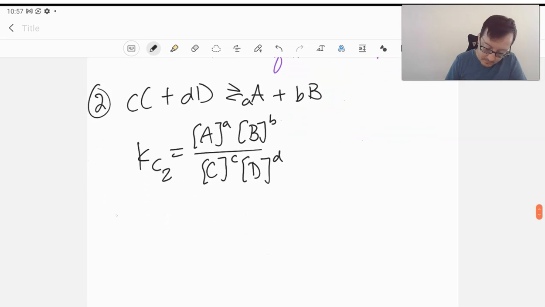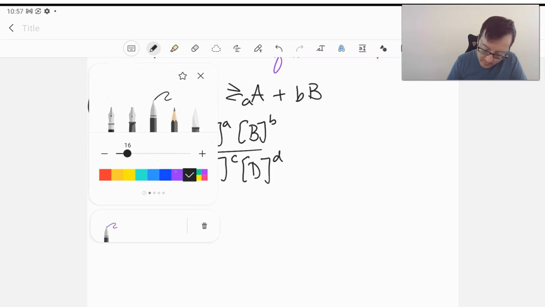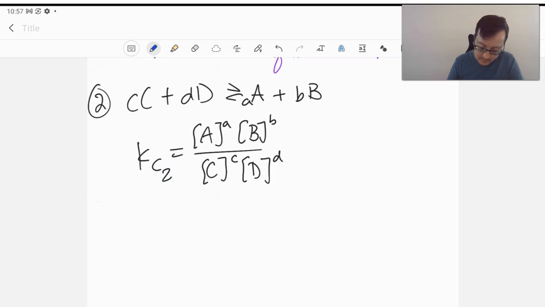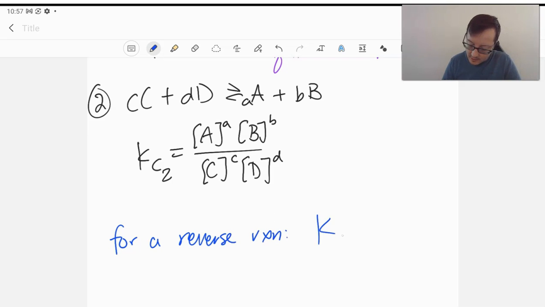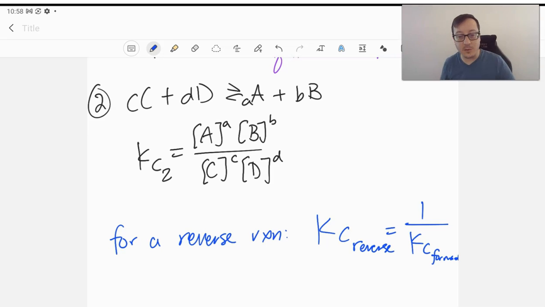So our first kind of thing with working with Kc, we'll see later on all these will work for Kp as well. For a reverse reaction, the K of the reverse will be 1 over Kc of the forward reaction. So it's just the inverse. We flipped our fraction upside down.